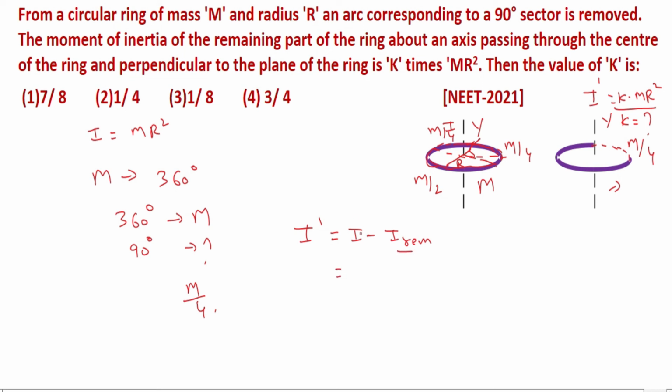Okay, we know the formula for I is Mr square minus mass of the removed part, that is M by 4 into r, that is this distance, which is nothing but radius of the ring, r square. Okay, if you do LCM, you will get 3 by 4 Mr square. Okay, and he gave the value of I dash as k Mr square. Okay, now if you compare these two, the value of k is equal to 3 by 4.